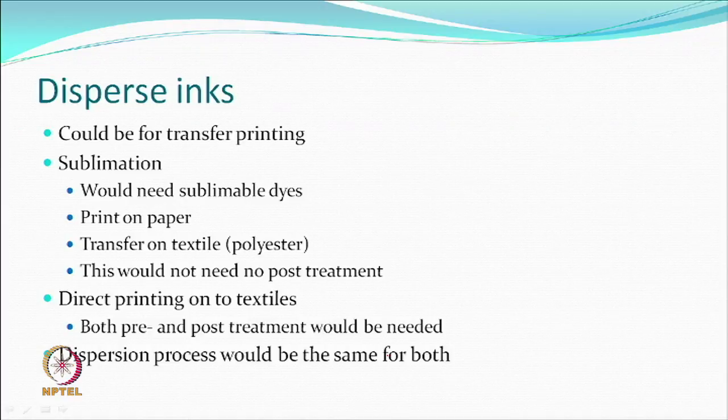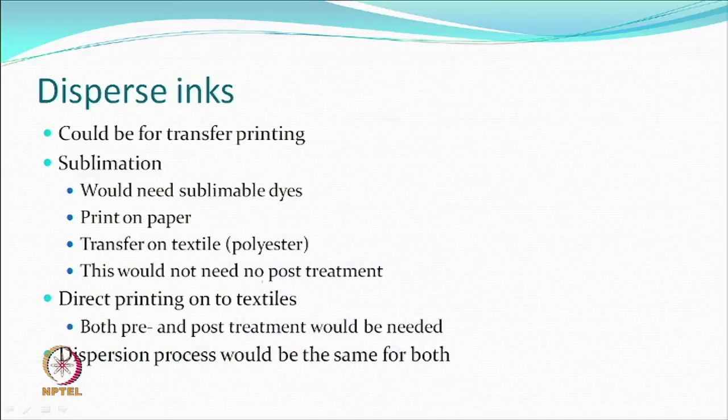So, other is the direct printing onto textiles. So, in case you are doing only sublimation, then at least the post treatment is not so much required. But when you do the direct printing onto textiles, both pre treatment and post treatment would be needed. As far as the process of dispersion is concerned, it is same for both type of inks.